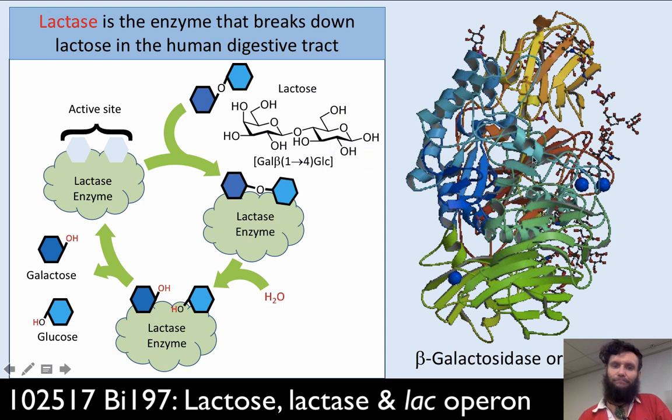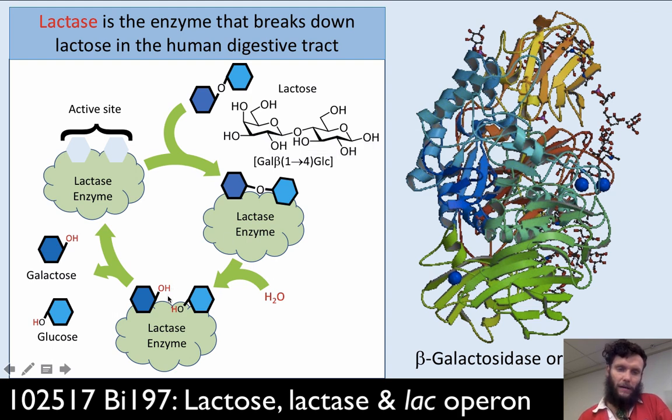All right, this is the enzyme. And this is how it works, much like the sucrase that we saw last time for sucrose. Lactose comes, it binds into the active site of the lactase enzyme, and water joins the party and hydrolyzes that glycosidic bond, that ether linkage that is going across the hemiacetal here, that linking, bridging oxygen.